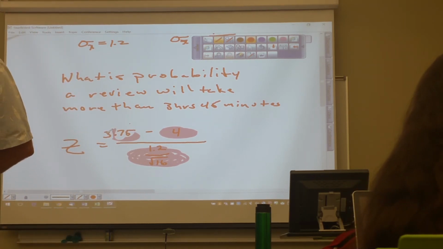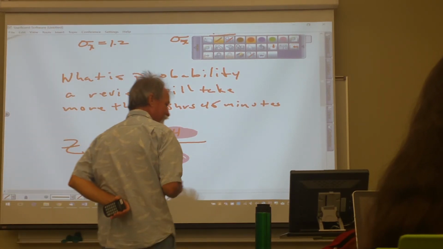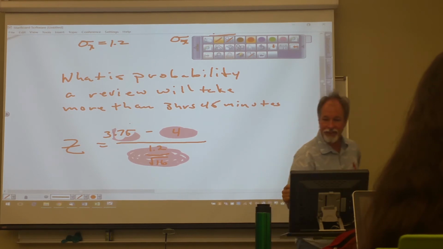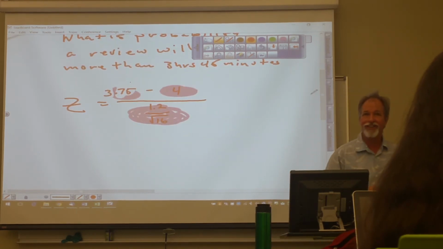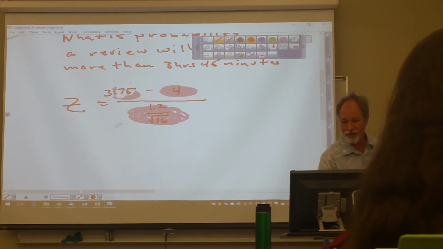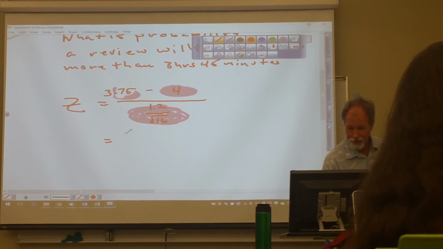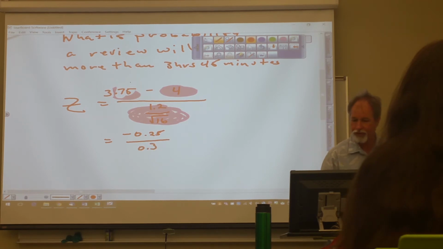See, we can't work with mixed measures. And now we're finding the z-score, right? So when we do this, we get what? Negative 0.25 divided by 0.3.